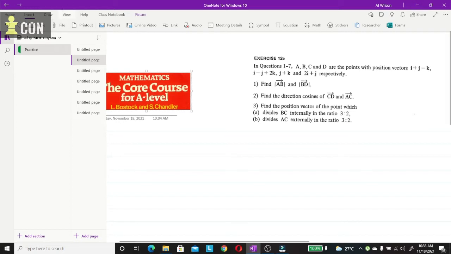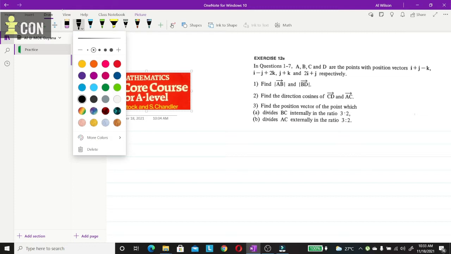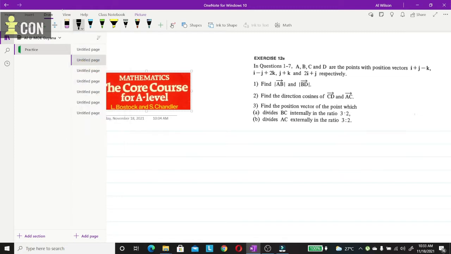So, starting here, what we're actually going to do is simply state what A and B are, not in terms of their components here, but in terms of their values. So A is going to be equal to, if you look at what we have here, i is just 1.